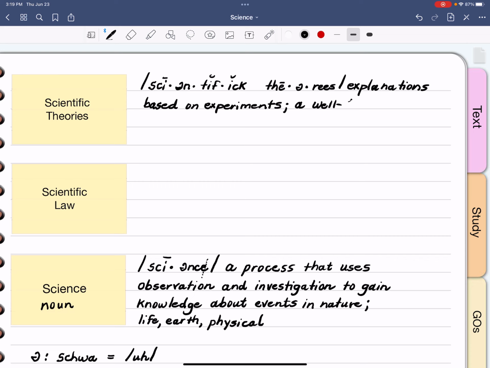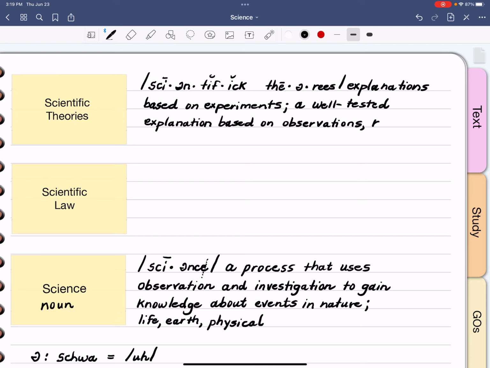Notice the word testing. What's another word that we've learned for testing? Experiments. So it's something that's had experiments done. A well-tested explanation based on observations. Now remember, that's what I see, smell, taste, hear, and feel.